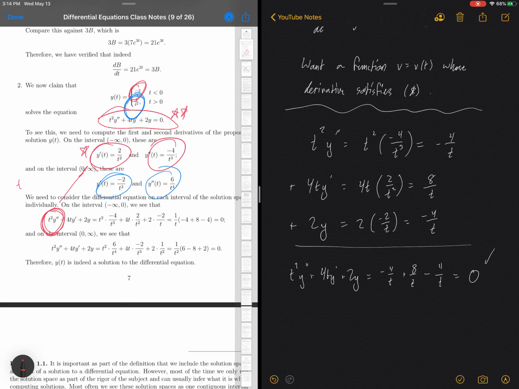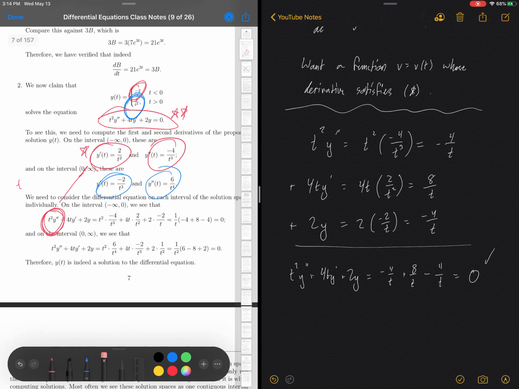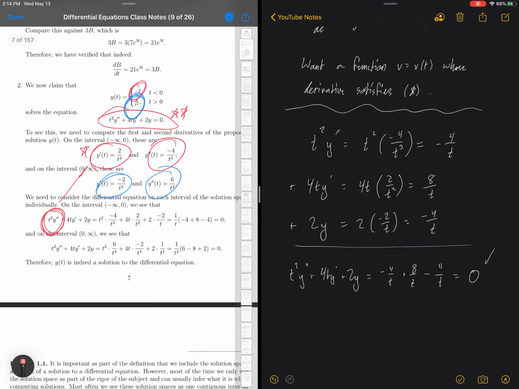That shows me that this is a function that satisfies the differential equation. And it turns out this 1 over t squared in blue on the notes page will get me another solution, but it's defined on the other side of t equals 0.